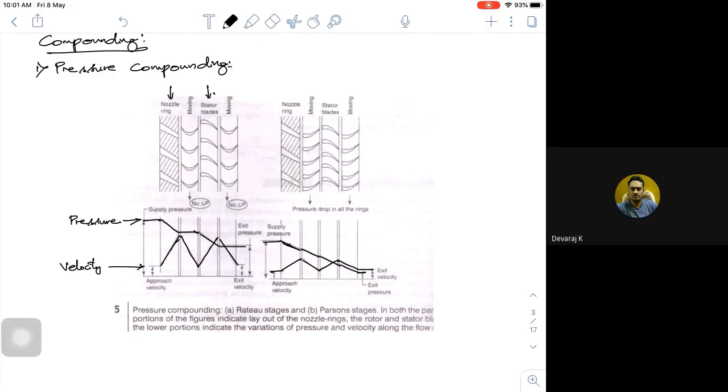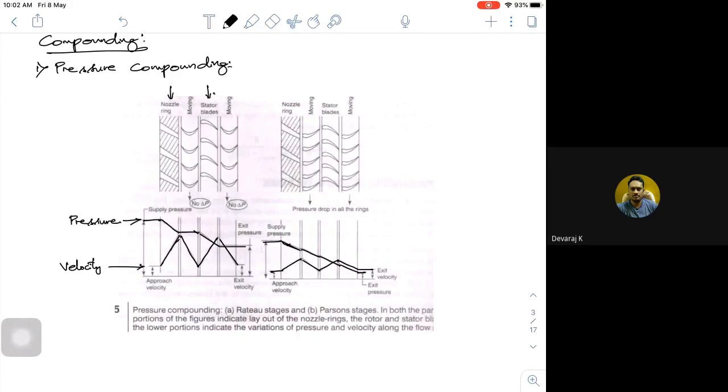The kinetic energy is absorbed. The pressure is dropped to or brought to atmospheric or near atmospheric condition so that it can be sent to your condenser. Okay. If the expansion is shared in multiple rows of nozzles or stator rings, we call that pressure compounding machines.